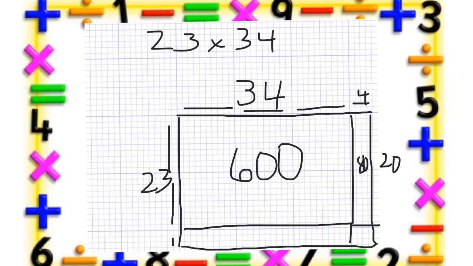I notice in this section that it's 30 across and 3 down, which is going to be 90 little boxes, and that in this last section here I have an array that's 3 by 4 boxes, which is 12. And so once again, I can add up my 600 and my 80, which is 680. I can add my 90 and my 12 and get 102, and add those together to get 782.